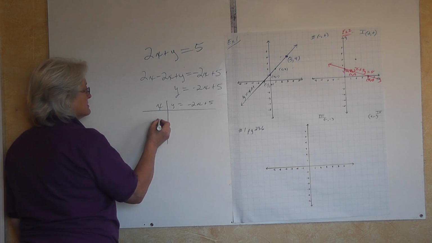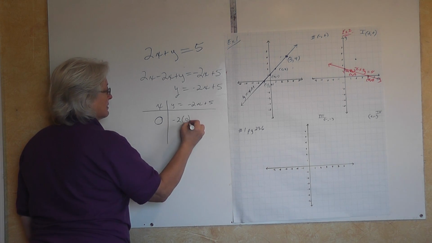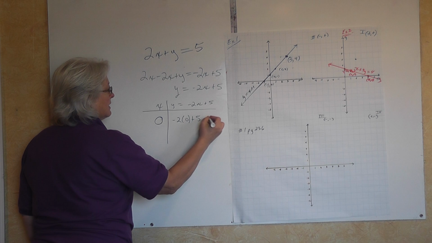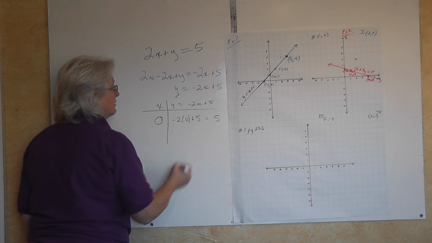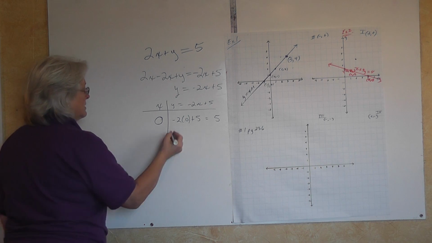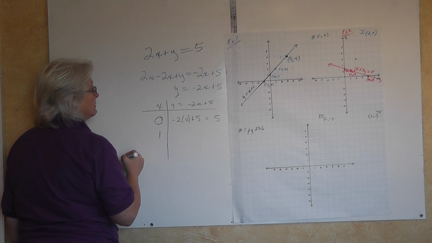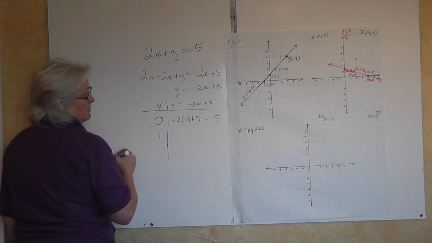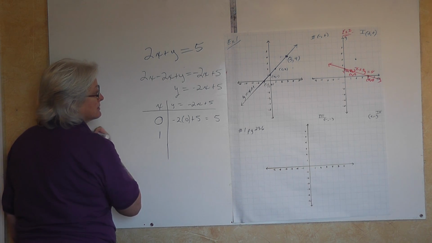I'm going to pick x is 0. So if x is 0, that's negative 2 times 0 plus 5, so the y value here is 5. Now I'm going to pick a value of 1 for my x.